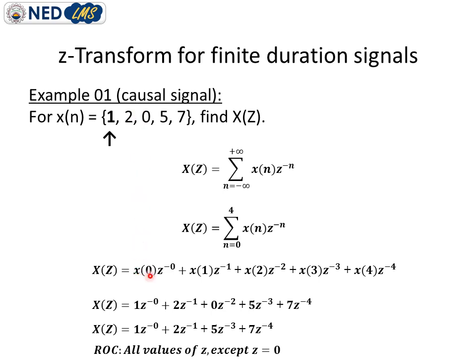X of 0 is 1, so we have written 1 here. X of 1 is 2, so 2 is written here. X of 2 is 0. Similarly, x of 3 is 5 and x of 4 is 7.